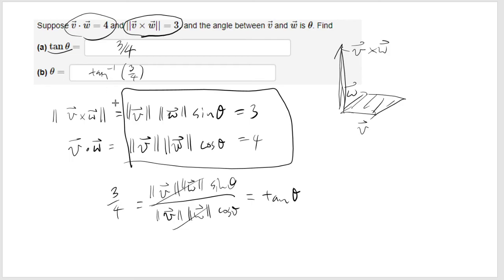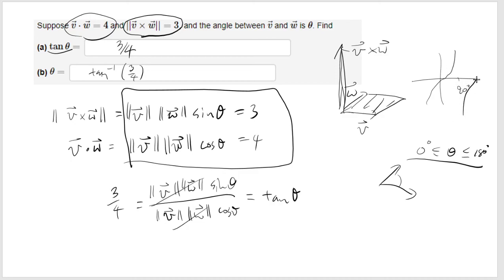Now, there is something that you have to be a little bit careful about. The angle between two vectors is always between 0 degrees and 180 degrees, right? So tangent would be positive between 0 and 90 degrees. We know that tangent graph is like that. So before 90 degrees it's positive, but after 90 degrees tangent becomes negative. Between 90 degrees and 180 it's negative.